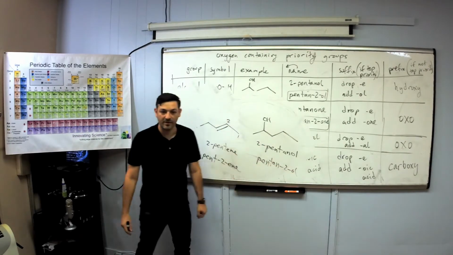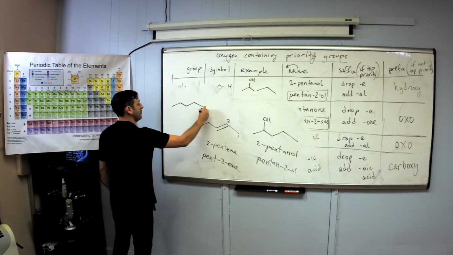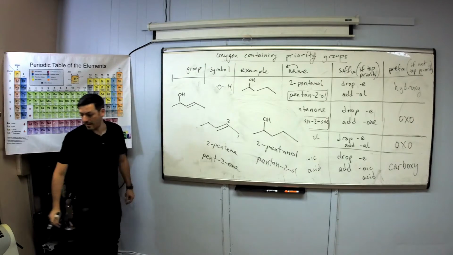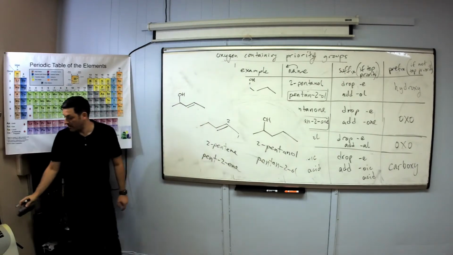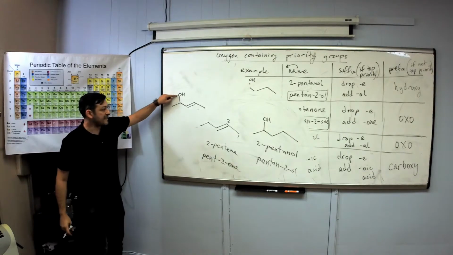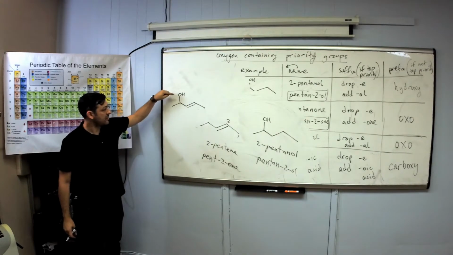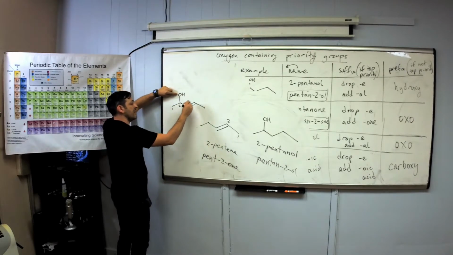Do you see I'm putting the number in front of the group? And here is why. What do you call this? So the top priority group is the alcohol, not the alkene, right? Alkene is less than all of these oxygen groups. So that is going to get the lowest number. So you're going to number it 1, 2, 3, 4, 5.